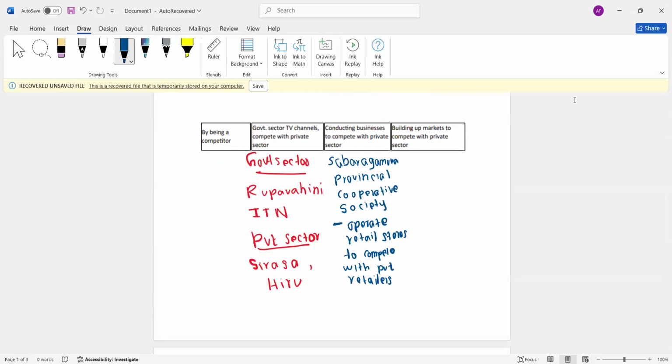Now local authorities. It's kind of district level, right? Building up markets to compete with private sector. Do you all know Colombo Municipal Council's Peta Market? Colombo people, don't say you don't know. Peta Market offers stalls and market spaces.